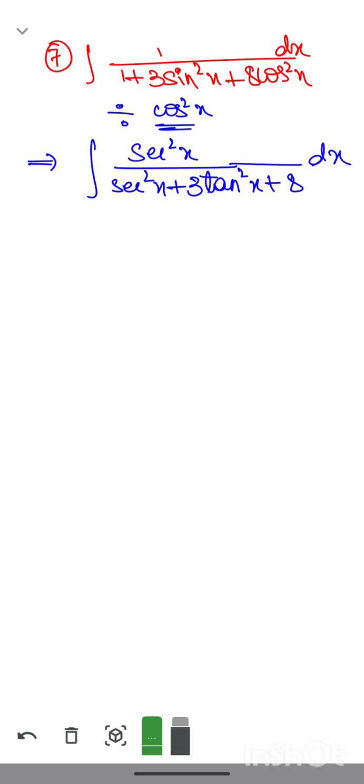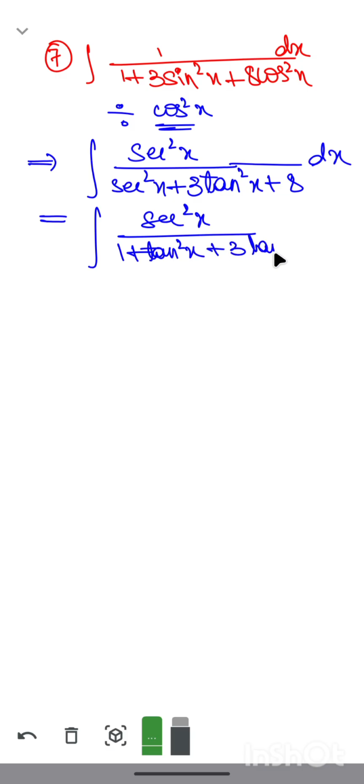Now what you can do, think once. Secant square x, 3 tan square. Can I rewrite the first term of the denominator in terms of tan? Yes, 1 plus tan square x is equal to secant square x. So this secant square x will become 1 plus tan square x, followed by 3 tan square x as it is, plus 8 as it is, into dx.